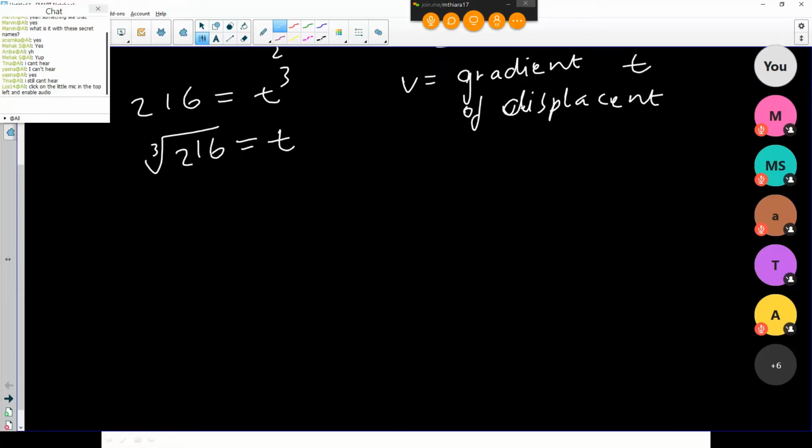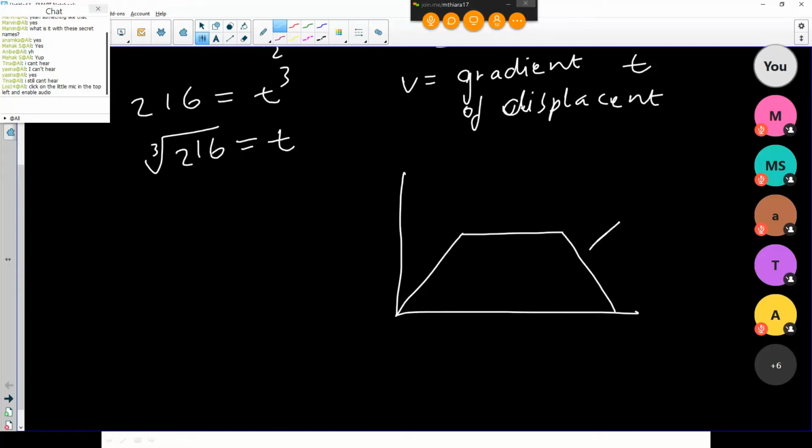If I draw a velocity time graph, it would be something like this. It would travel at constant velocity for a certain period of time, and it might decelerate back again.